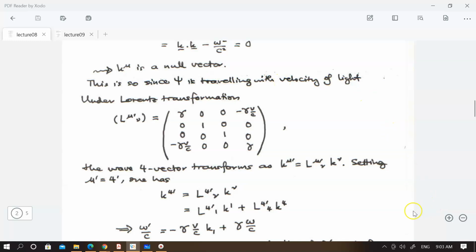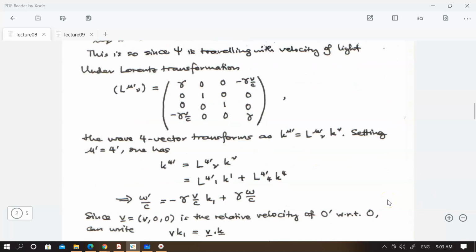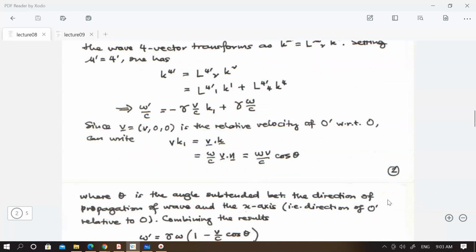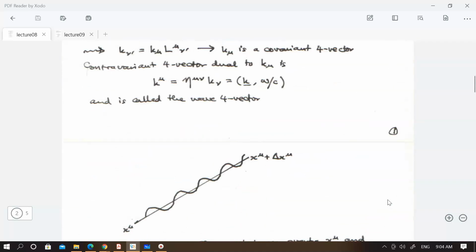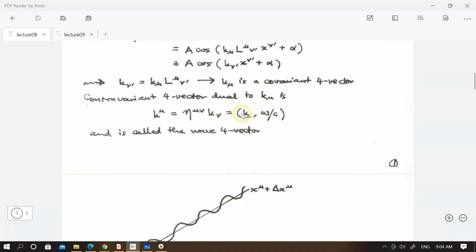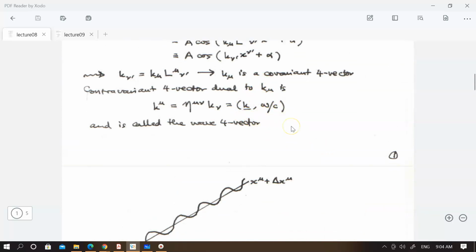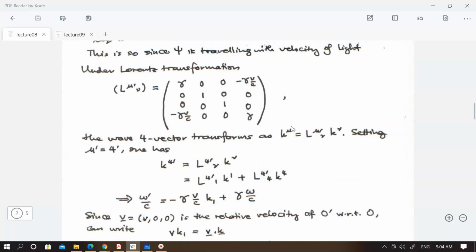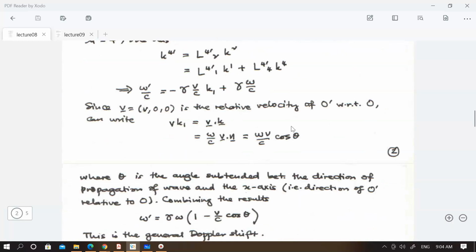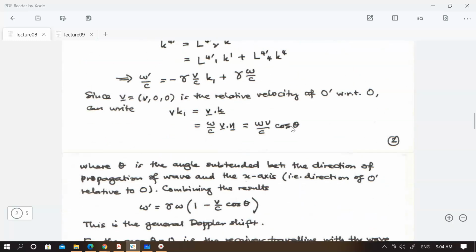And I think we have come to the point of showing you some relationship for omega. Omega, remember, is the fourth component of your wave vector. So essentially that will change when you have your moving frame with respect to another stationary frame.